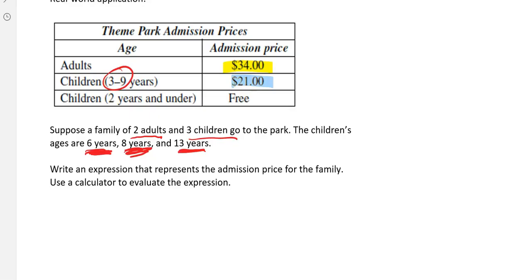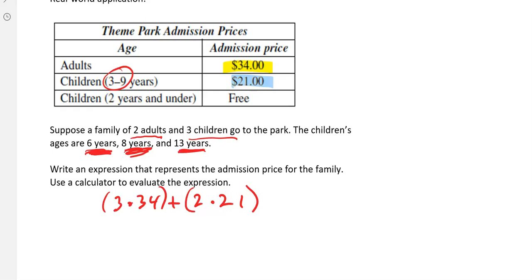Aww. So that means we have to multiply 2 times 3 times 34 plus 2 times 21. Now we can put those in parentheses. We don't have to because we have to do the order of operations. We have to do the multiplication first anyway.